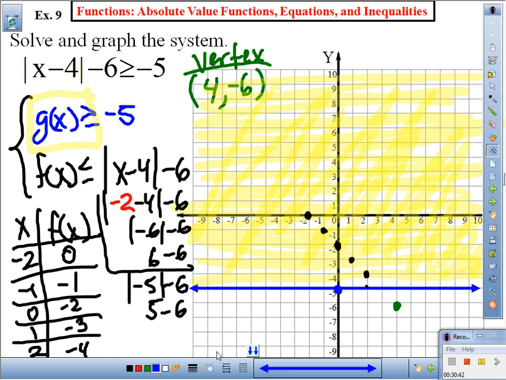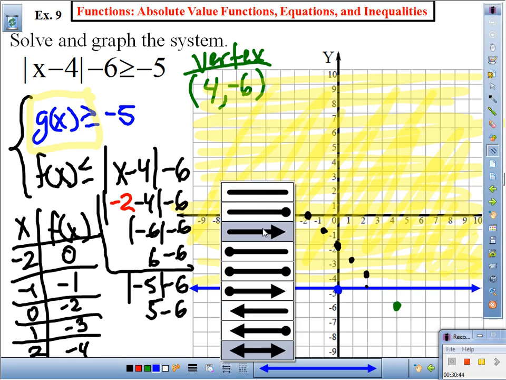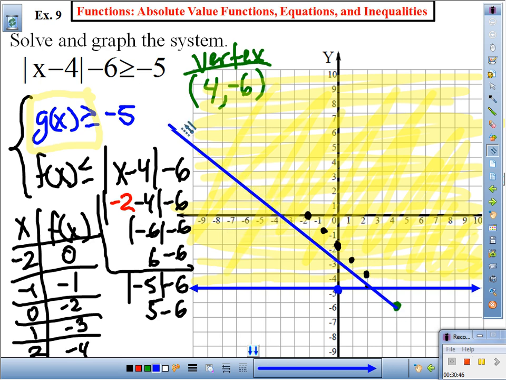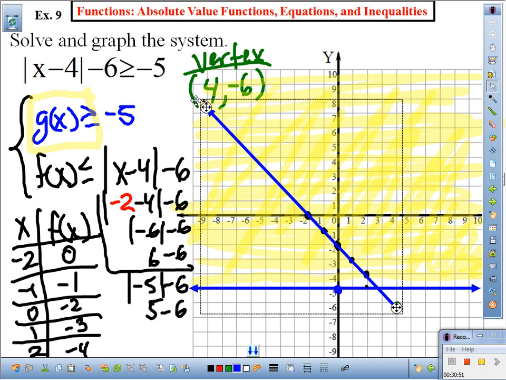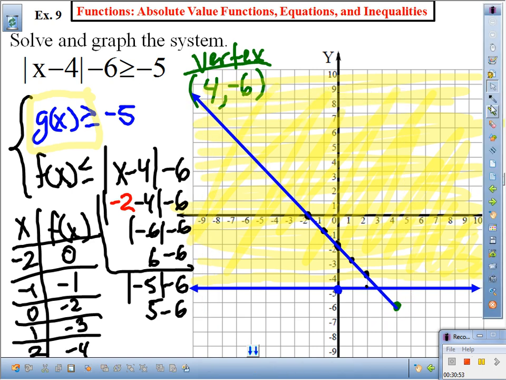All right. So I'm going to sketch my ray going this way. There it is. But we need the other side, don't we? So here's my imaginary line of symmetry. And that'll help me plot my other points. Is that correct?